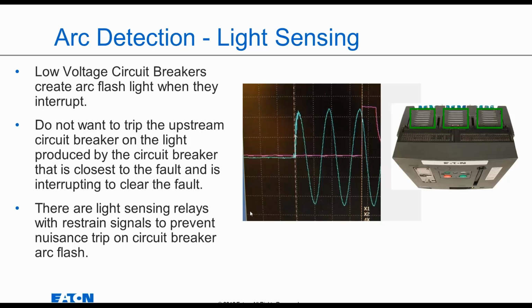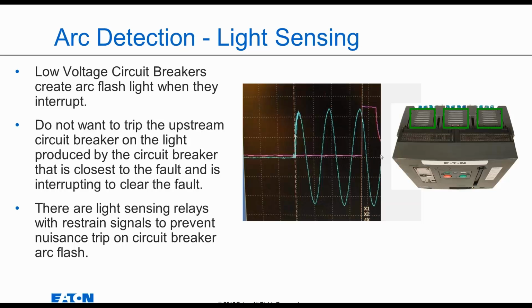So here's really the point: you don't want a nuisance trip on the light from a breaker that is doing its job and interrupting the fault. And so there are ways to prevent this, and one of them is that some of these relays have a time delay where you can set up a restraining signal that says if you see light within this certain period, starting from when the circuit breaker has detected current and is going to open, from this period on I'm going to put in a restraining time delay.